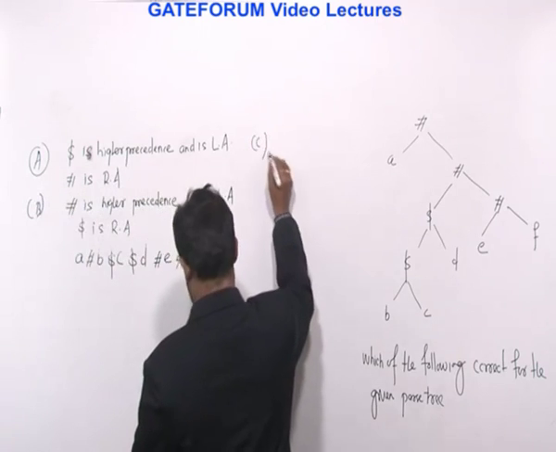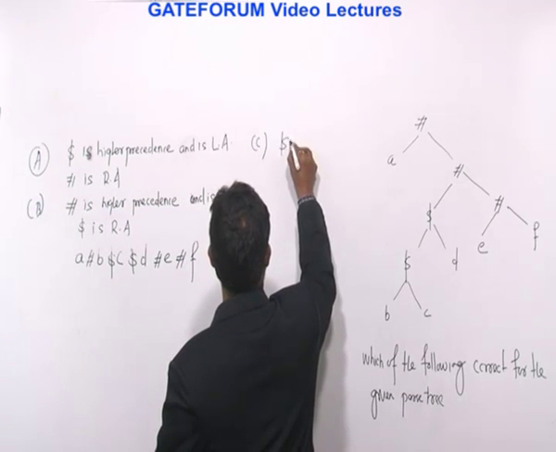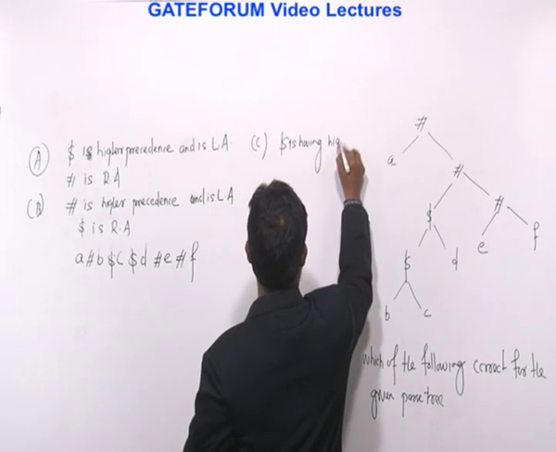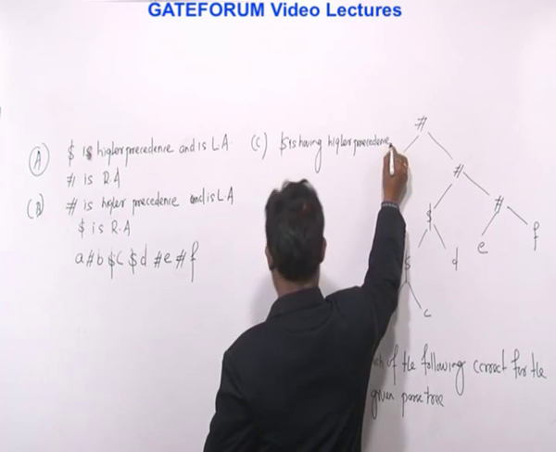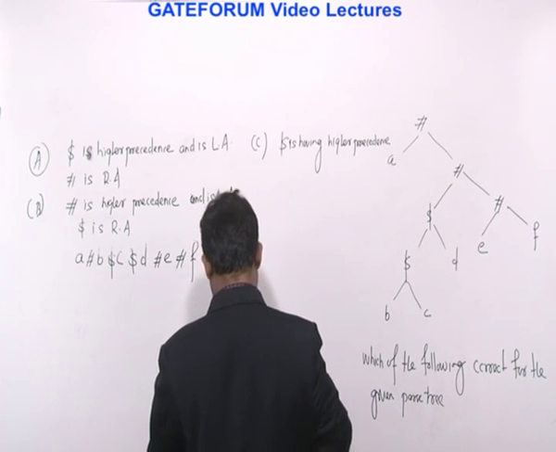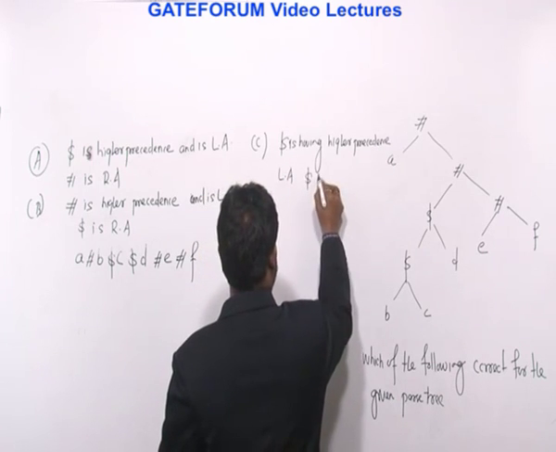Option C: dollar has a higher precedence and is left associative, hash is right associative.